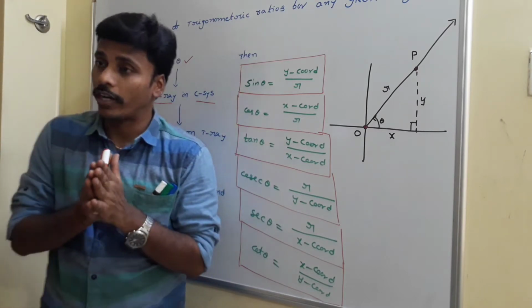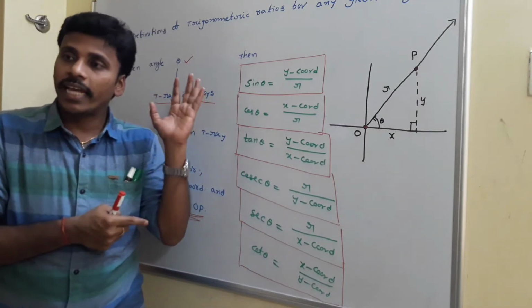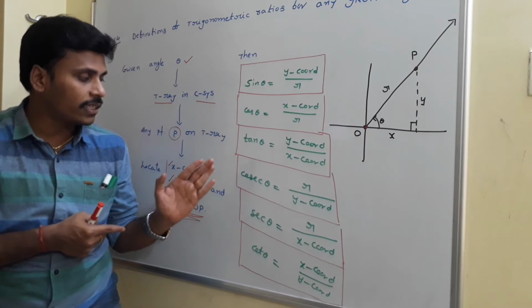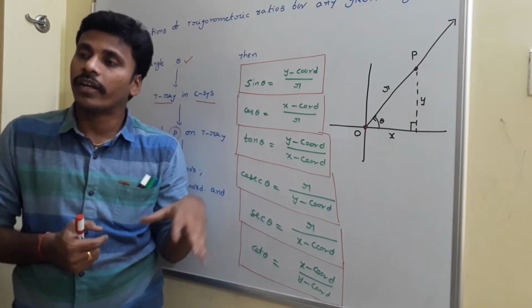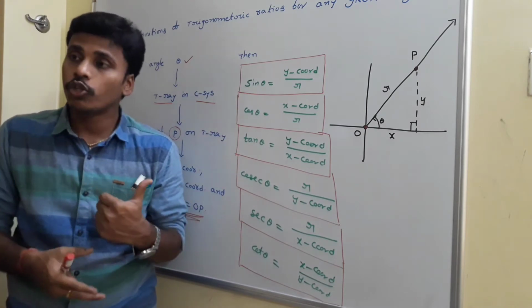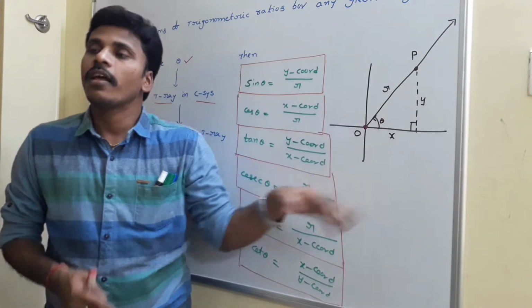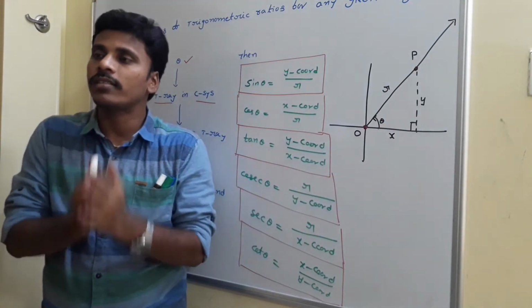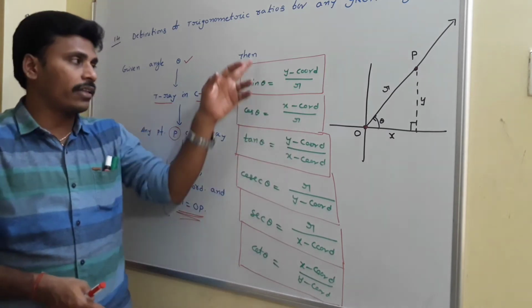Every trigonometric ratio, like sin theta, cos theta, tan theta, cosecant theta, secant theta and cot theta, is a ratio between x, y and r. Using x, y and r, we have at most 6 ratios, and these 6 ratios are named like this.